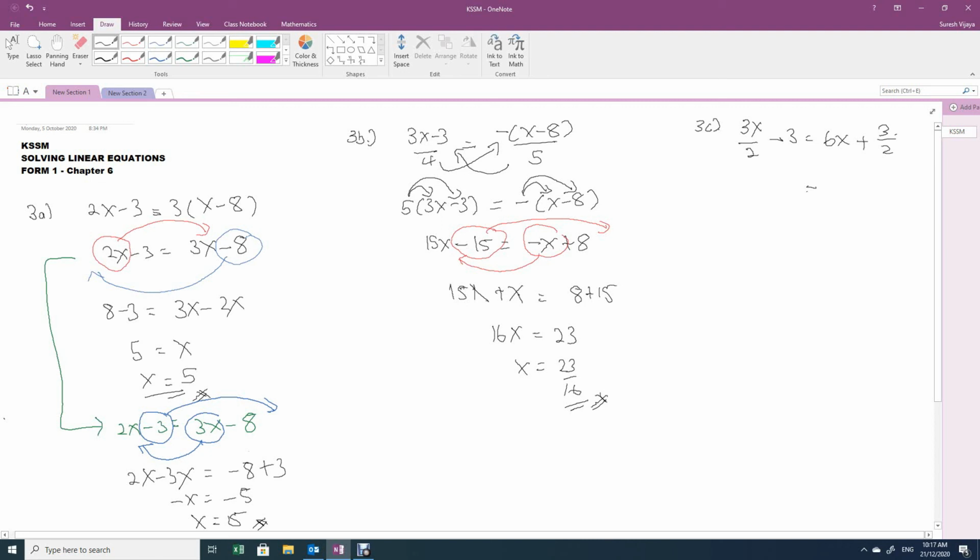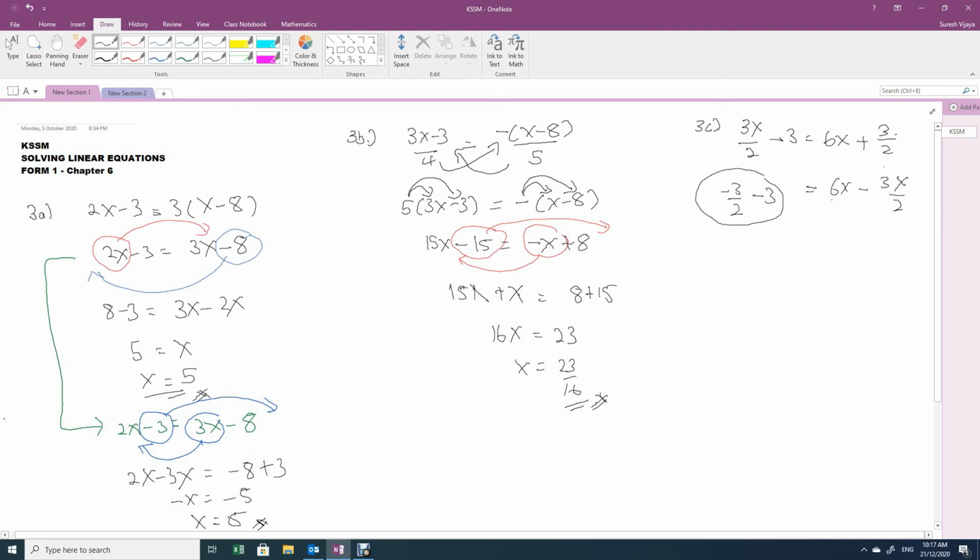So we try to move the 3x to the other side, because we want to make sure the x is a positive value. Next what we do is we solve this as a partial fraction.